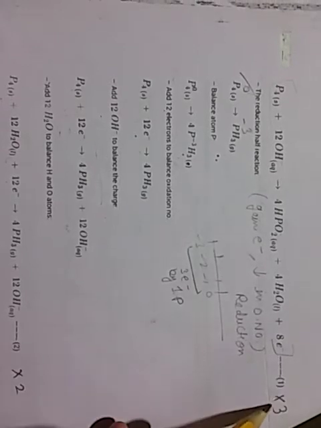Here there are 12 electrons, and in the first equation 8 electrons. To balance the electrons, multiply the first equation by 3: 8 times 3 is 24 electrons, and the second equation by 2: 12 times 2 is 24 electrons.